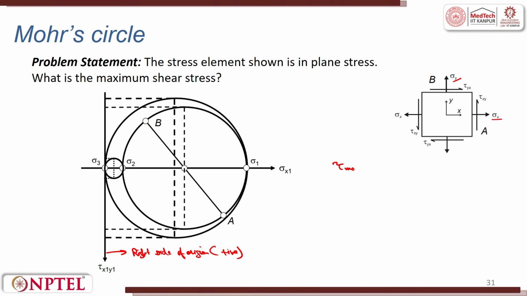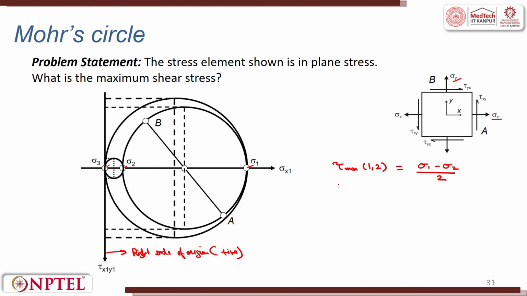Simply, tau max for 1 and 2. For 1 and 2 we have stress 1 and stress 2. Sigma 1 is maximum here, sigma 2 is in between, sigma 3 is minimum. So, tau max would be sigma 1 minus sigma 2 by 2. This is given here.